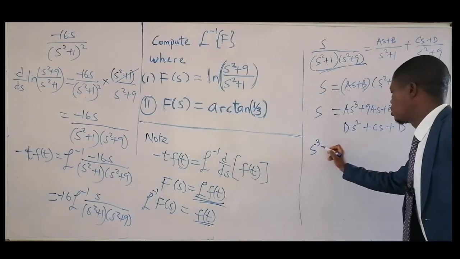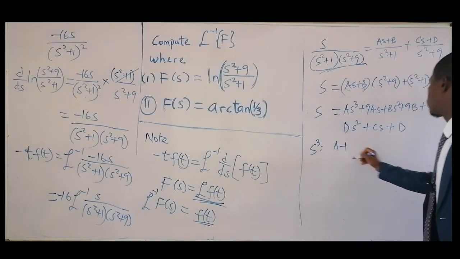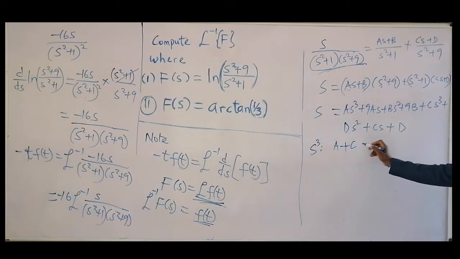The coefficient of s³ will give us a + c = 0. We don't have s³ on the left hand side. That's equation 1.